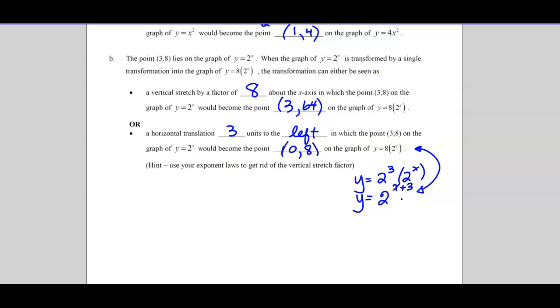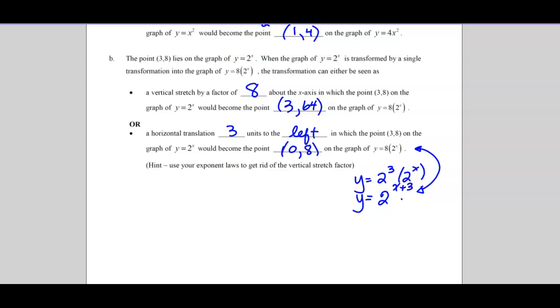And you can tell, you put 0 in for x, you get 8 for y. Okay? So, a horizontal translation can also be shown as a vertical stretch. Remember that. Okay?